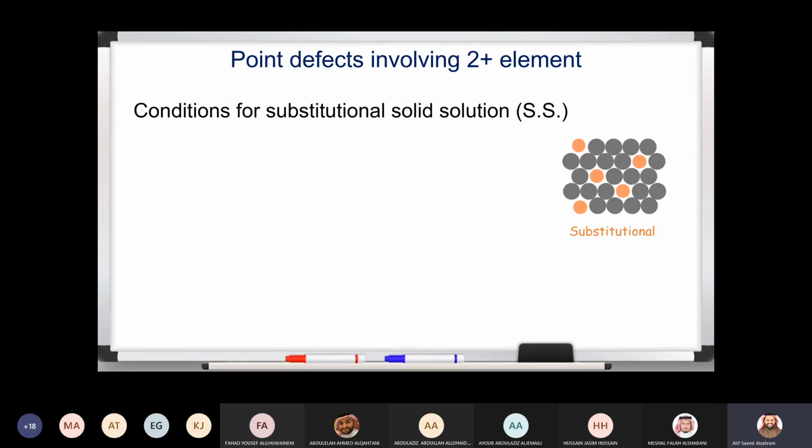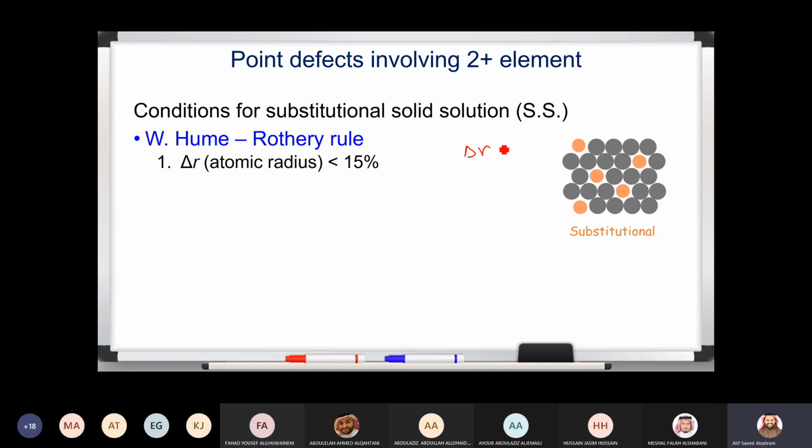So we also talked about the conditions for substitutional solid solution, and for those conditions we apply something called the Hume-Rothery rules. The first rule is delta R less than 15%. When I say less than 15%, meaning delta R can be minus 15% or 15%, so it's within a 15% range.